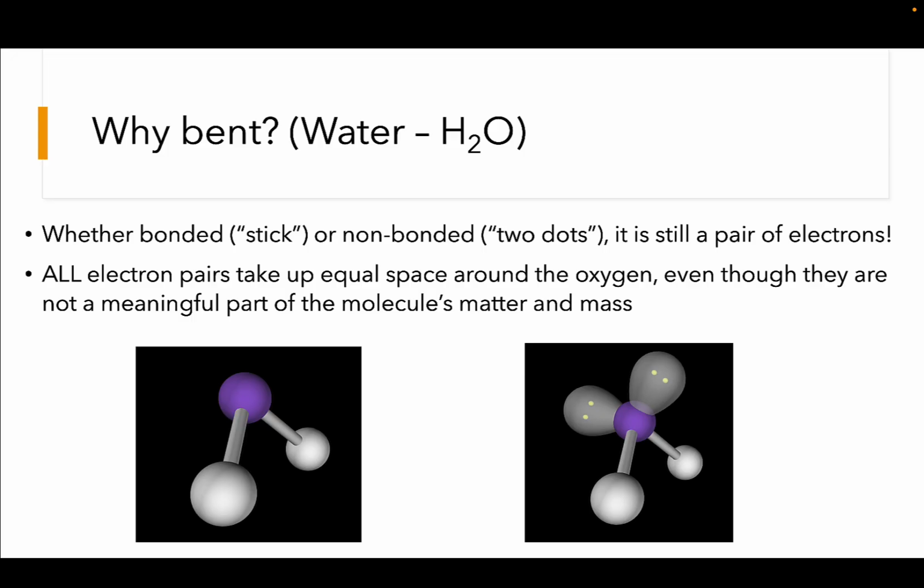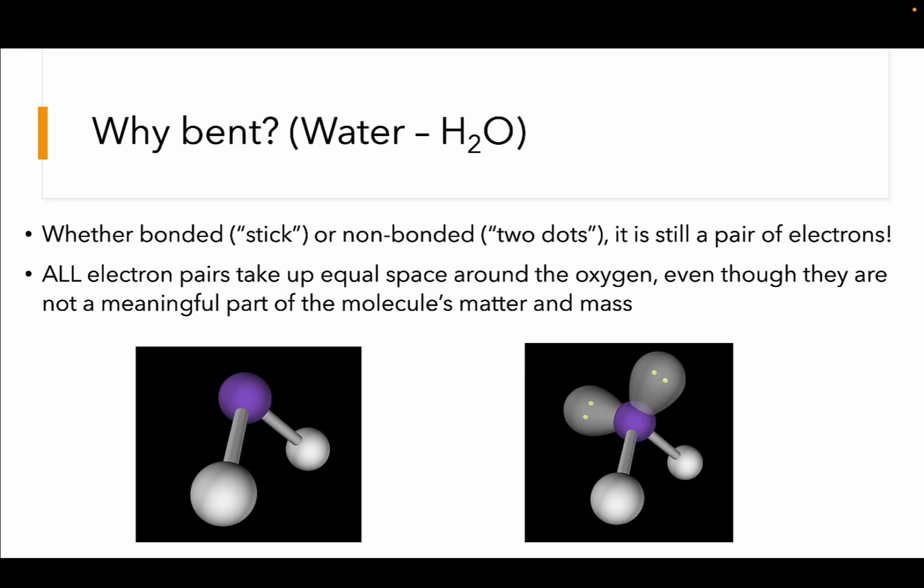We don't really consider the electrons as the matter because remember, electrons are so much smaller than the atoms, right? An electron is less than 1,000th of the mass of even a hydrogen. And so they're not really a meaningful part of the physique of a molecule. However, they are a meaningful part in distorting that shape.